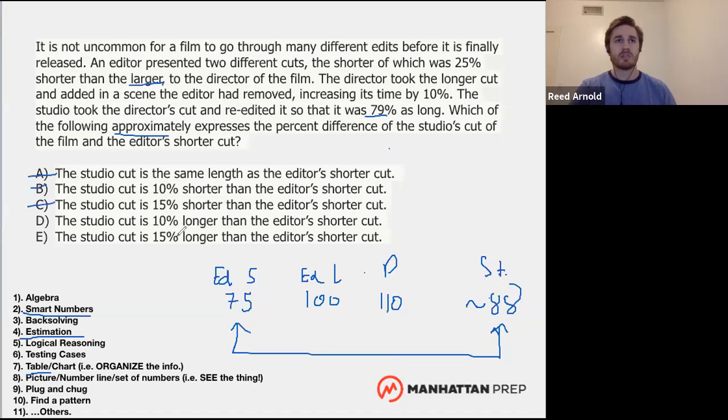So it's either 10% longer or 15% longer. Well, 10% longer than 75 is about 7.5, and that's about 82 minutes, and that's not near long enough to be 88 minutes. So it is probably 15% longer. The studio cut is 15% longer than the editor's shorter cut.